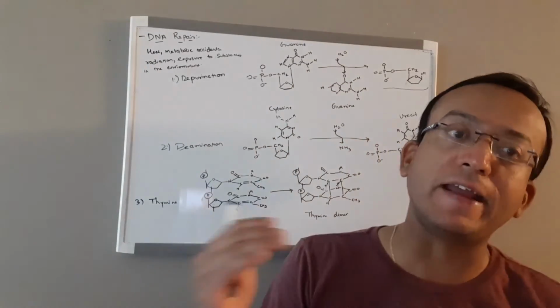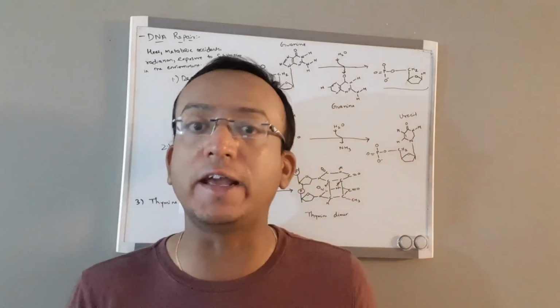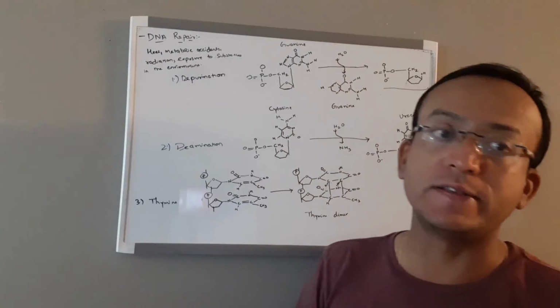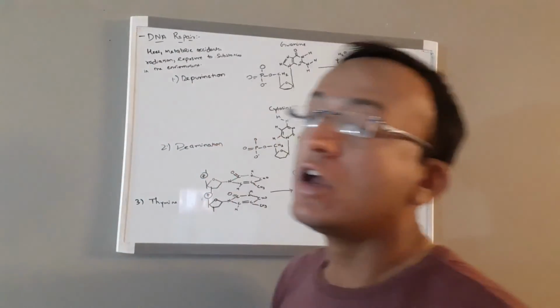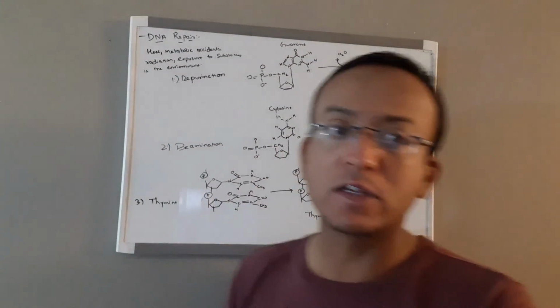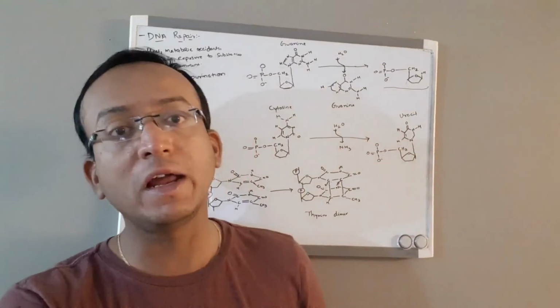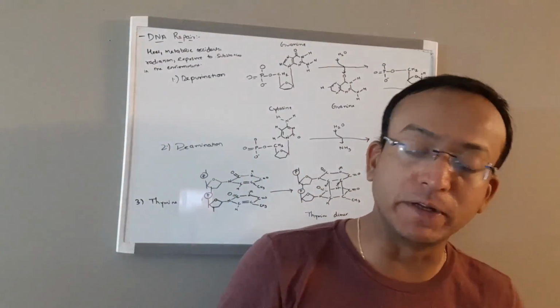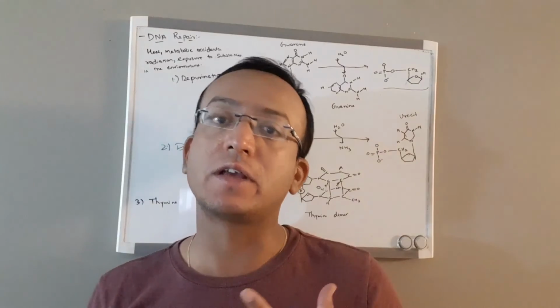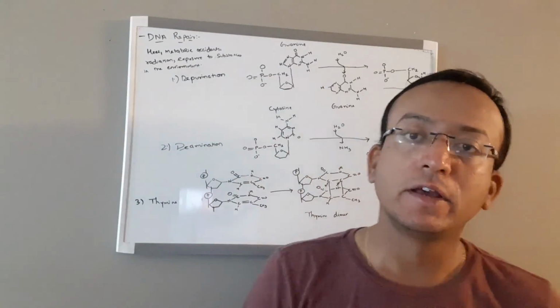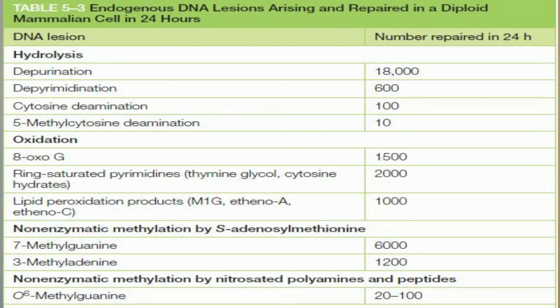Such a high rate of random changes in the DNA sequence would have disastrous consequences. These are a few examples. There is a list of what types of damage happen to the DNA. You can see the list of DNA lesions. We saw depurination, depyrimidination, cytosine deamination.